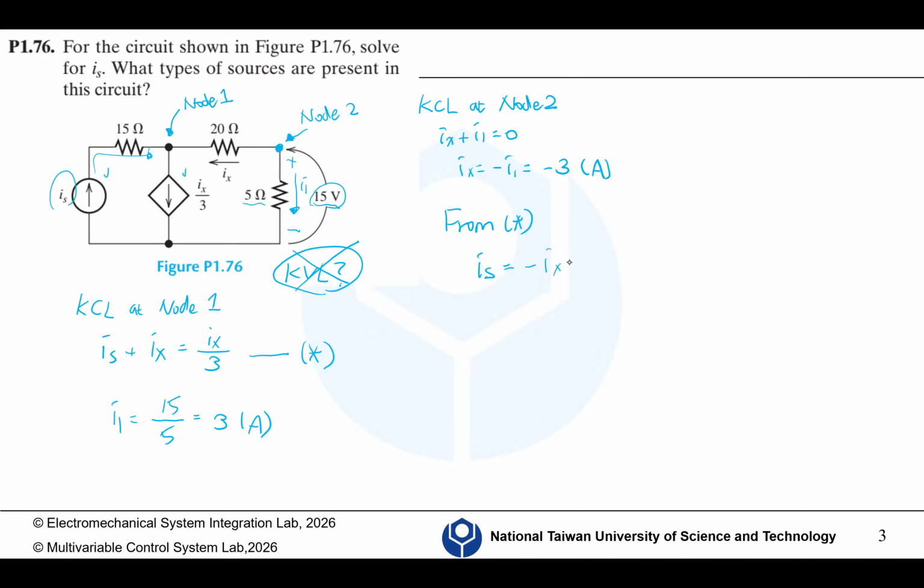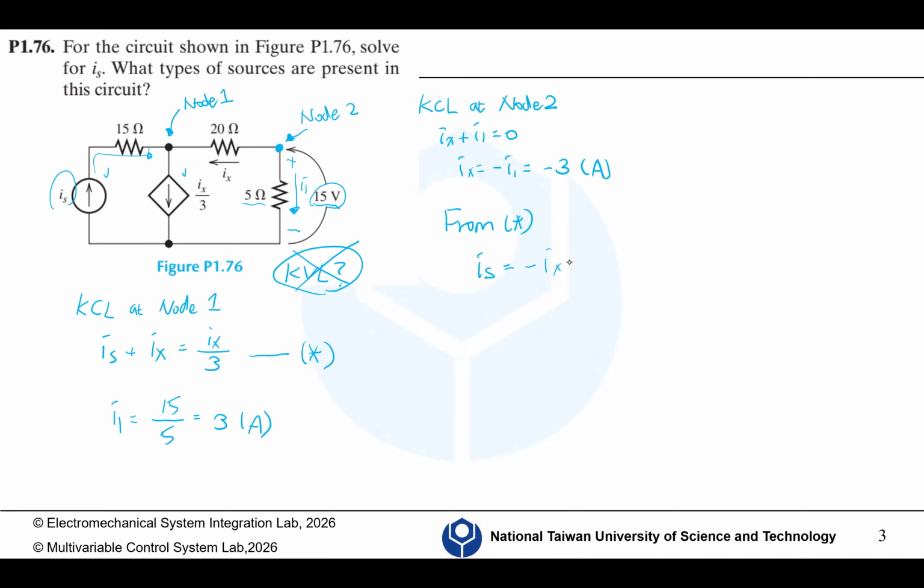So the voltage drop of a resistor can be represented by the resistance times the mesh current. And if the resistor is shared by two meshes, then you need to subtract the other mesh current, because the mesh currents are in opposite direction. That's what you need to memorize.